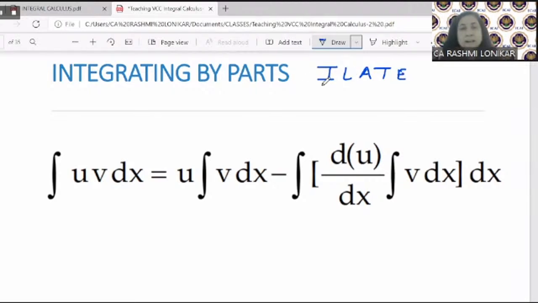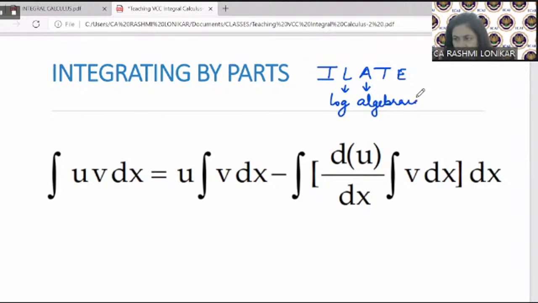Okay, I stands for inverse, L stands for log, A stands for algebraic, T stands for trigonometric, and E stands for exponential.